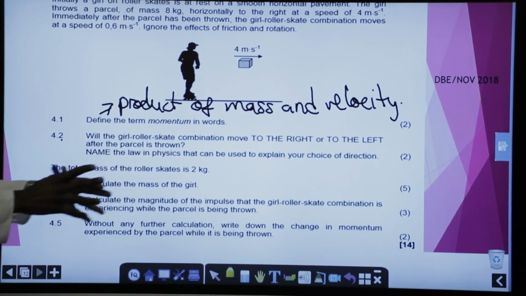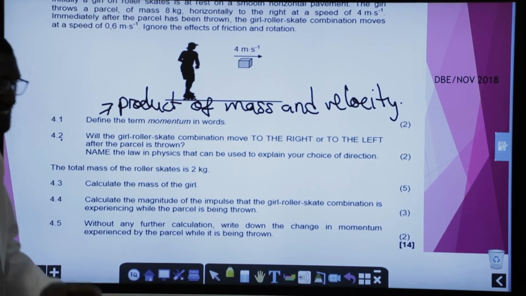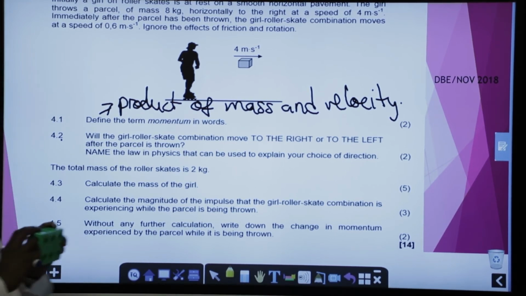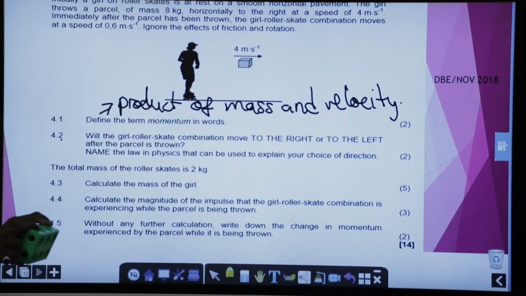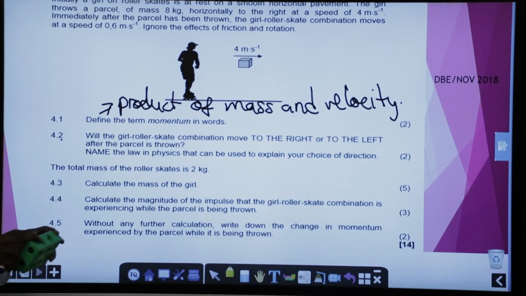Next one says, will the girl roller skate combination move to the right or to the left after the parcel has been thrown? Think about it. She's got a parcel in her hands. She throws off the parcel while on the roller skates. Is she going to move to the right or to the left? Yes, well done.